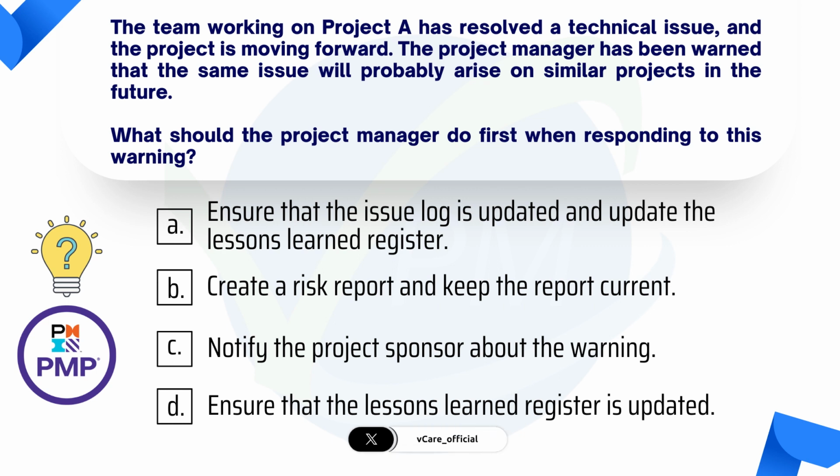Is it A, ensure that the issue log is updated and update the lessons learned register, B, create a risk report and keep the report current, C, notify the project sponsor about the warning, or D, ensure that the lessons learned register is updated?